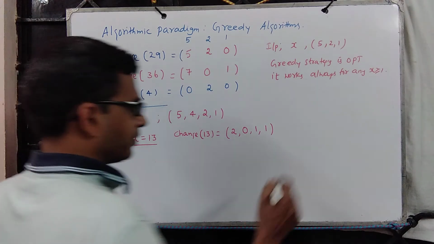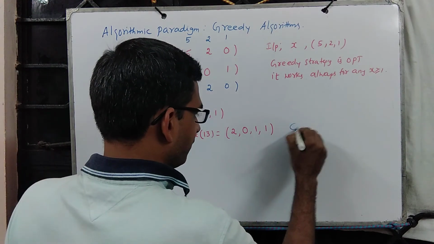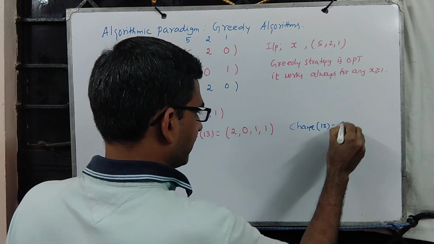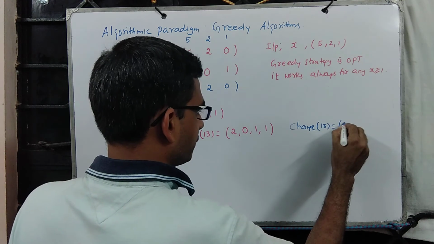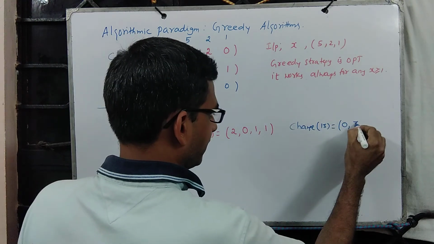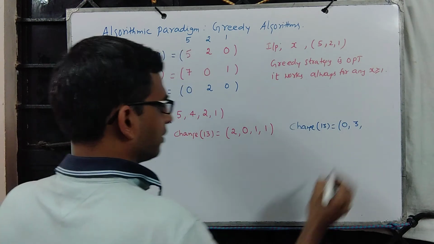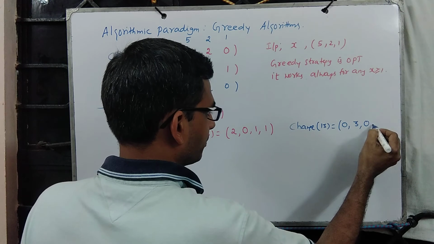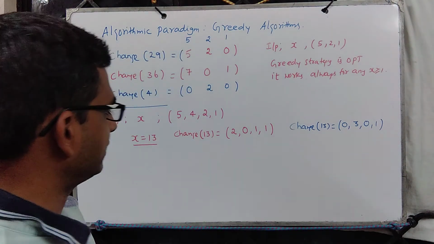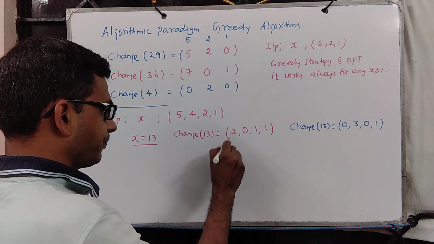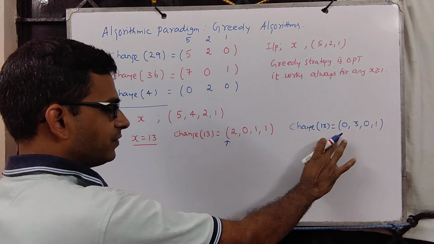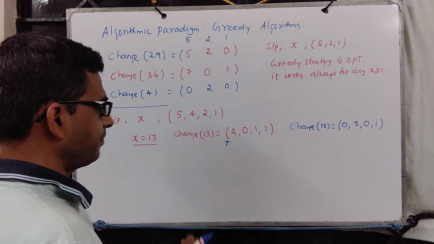Please note, one can also give change for 13 like this: I don't use a 5 rupee coin and I use three 4 rupee coins, and zero of the rest. But our greedy strategy says the earlier one. So this is a different solution, but it will not be output by our algorithm.